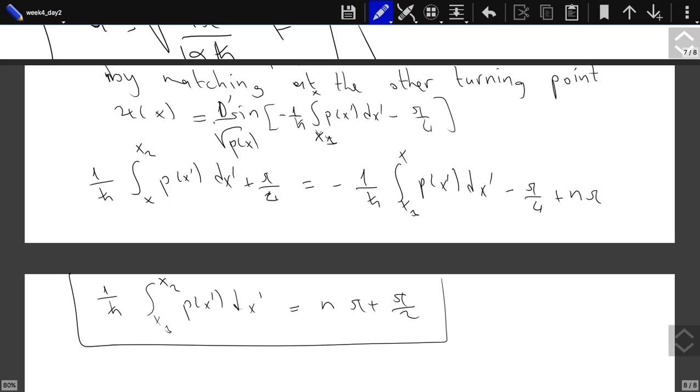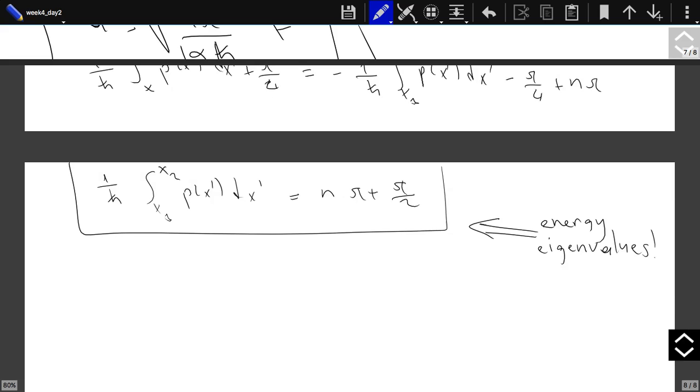And this equation tells you the energy eigenvalues. Questions?